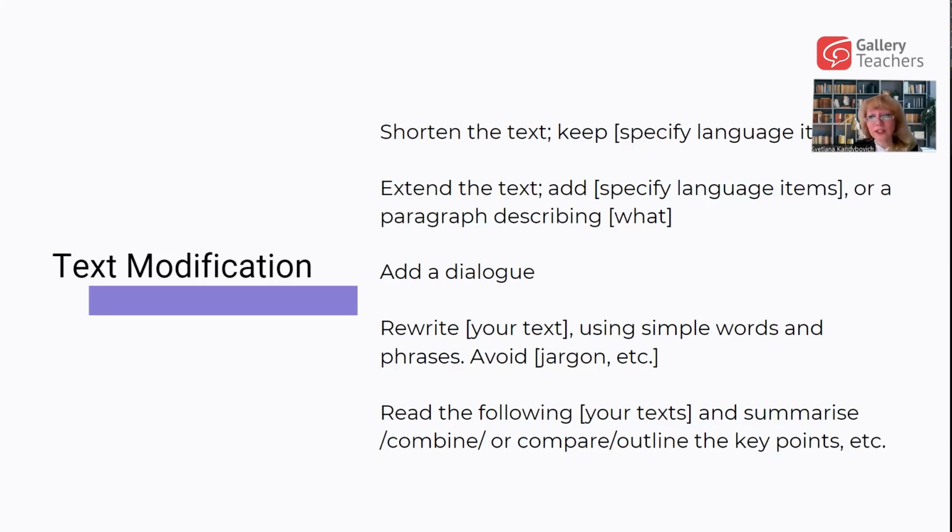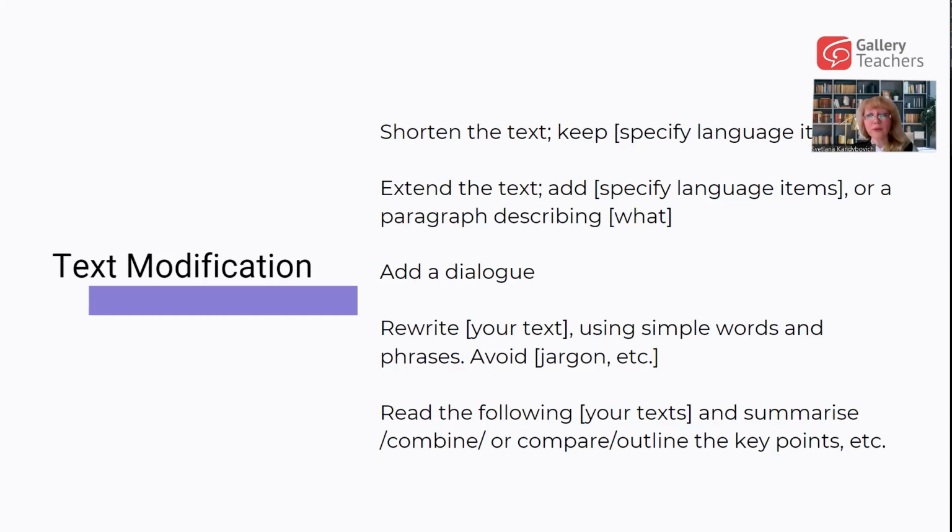For example, ask ChatGPT, once you have your text, to shorten the text while keeping some specific language items that you think are important for your students. Or ask it to extend the text, and again specify some language items that you would like ChatGPT to use in the text.